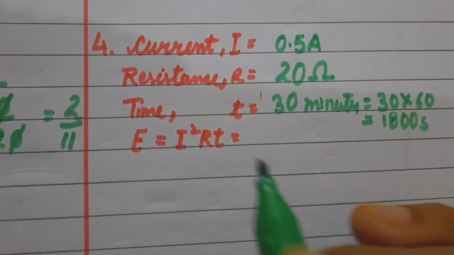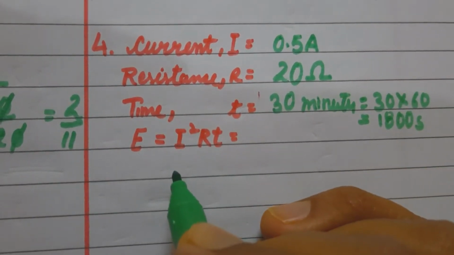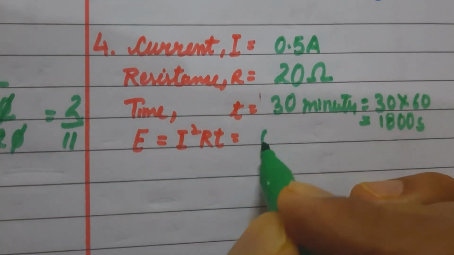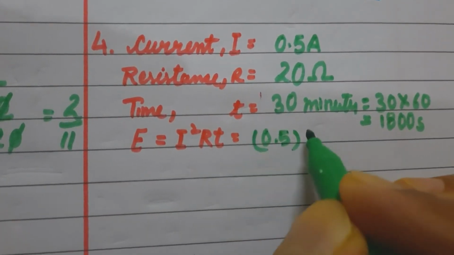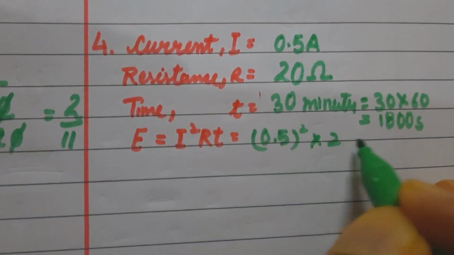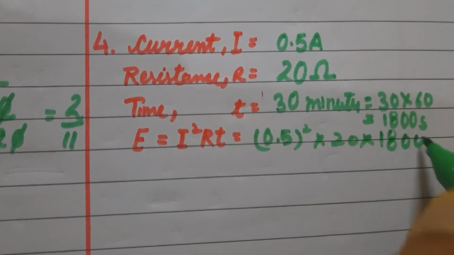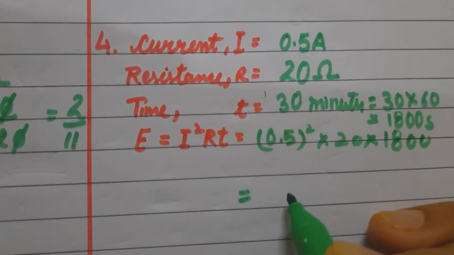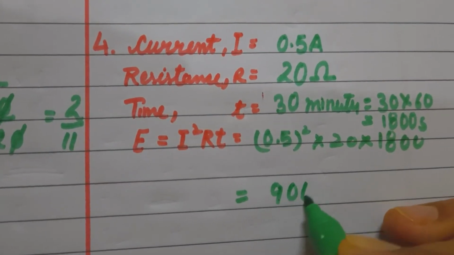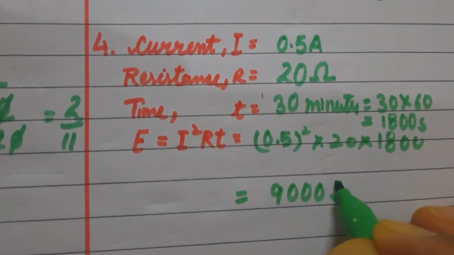Energy equals I square RT. Let's fill the values: 0.5 square, R is 20, multiply T, that is 1800. When we solve this, we'll get 9000 joules.